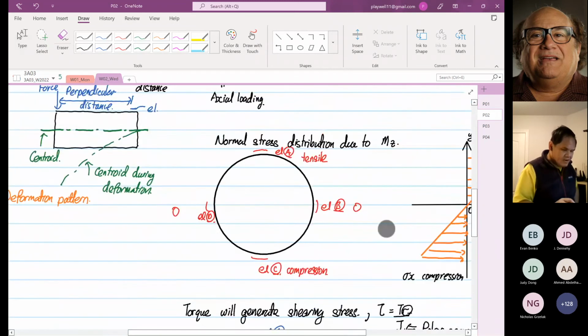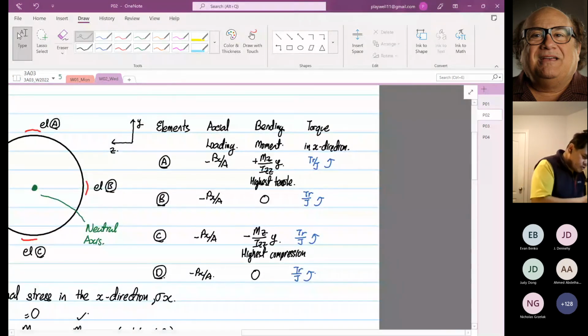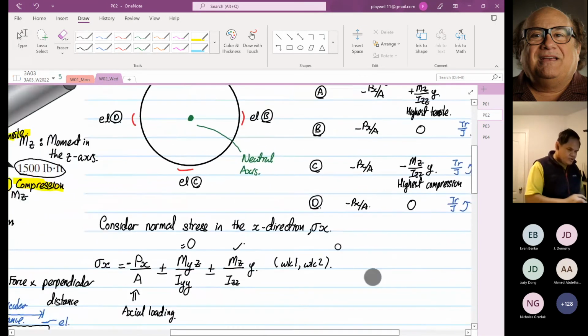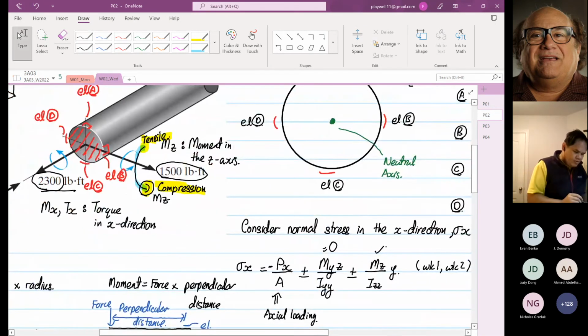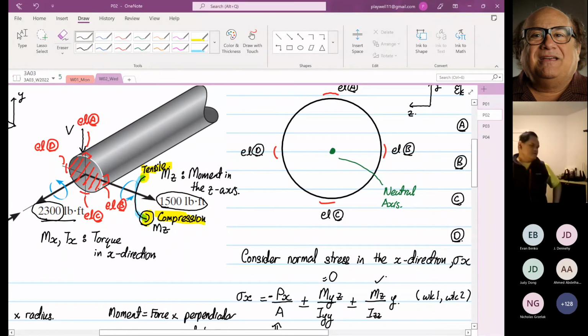Now, the next formula is due to shearing stress or shearing force. This structure has shearing force because when you apply a moment, you are bound to have a shearing force over here, known as V. You have come across this term before.